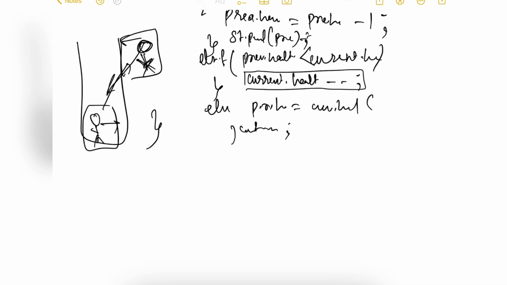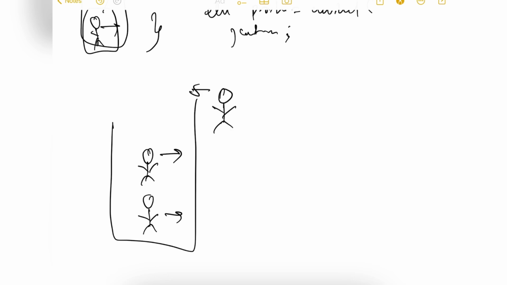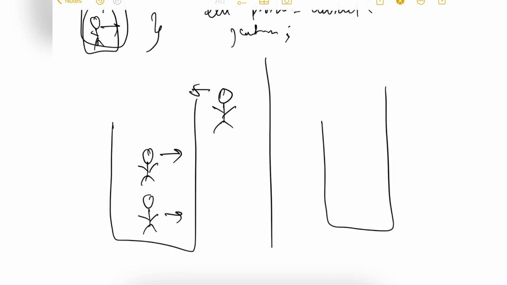So in order to recheck this condition, it might go into the stack, or there could be another possibility of collision. Let's say we had 2 elements in my stack, this could be one scenario, and we encountered a robot moving to the left. And another scenario is when we only had 1 element, let's say moving to the right, and then we got a robot moving to the left.